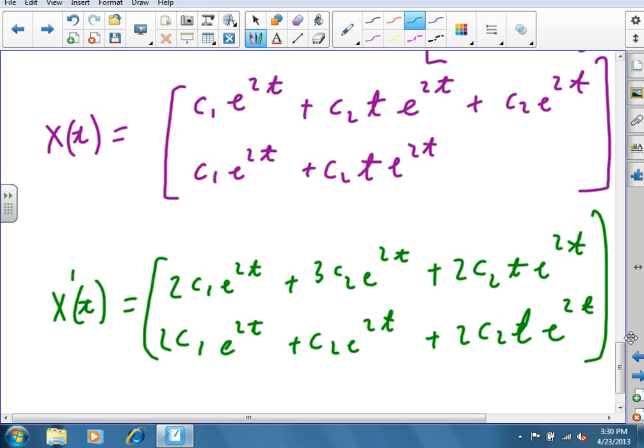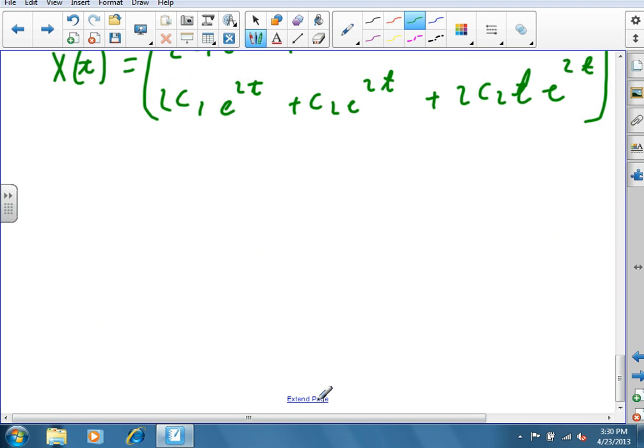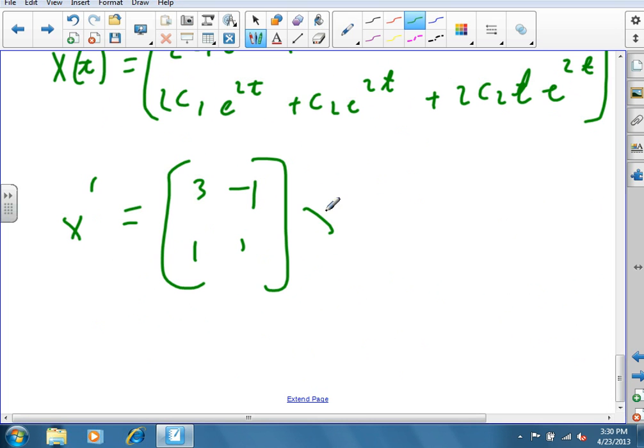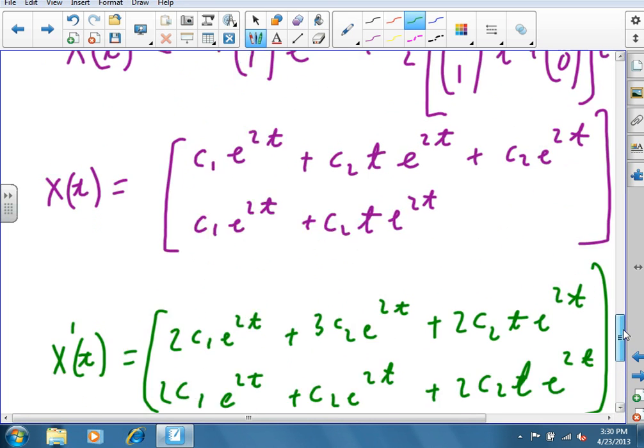And now, is x prime equal to the matrix (3, -1; 1, 1) times x? So that's the issue.